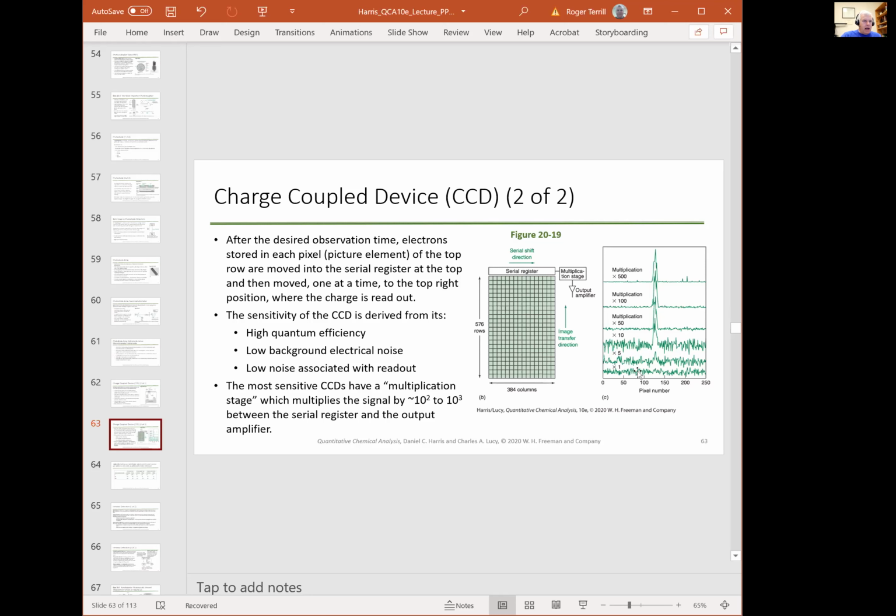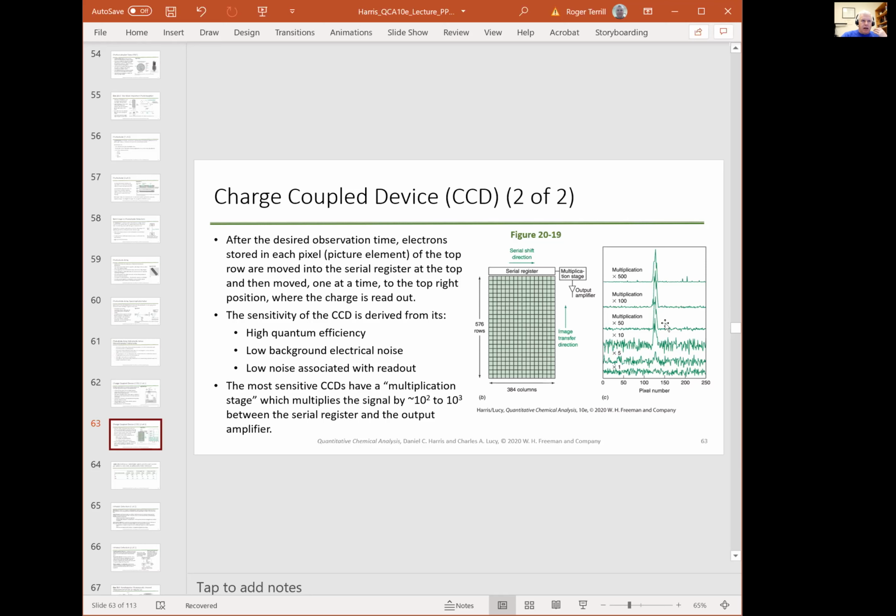As you average more and more, you accumulate this spectrum. If you average 500 scans together, this peak will rise out of the background, and you'll start to see some smaller peaks as well.